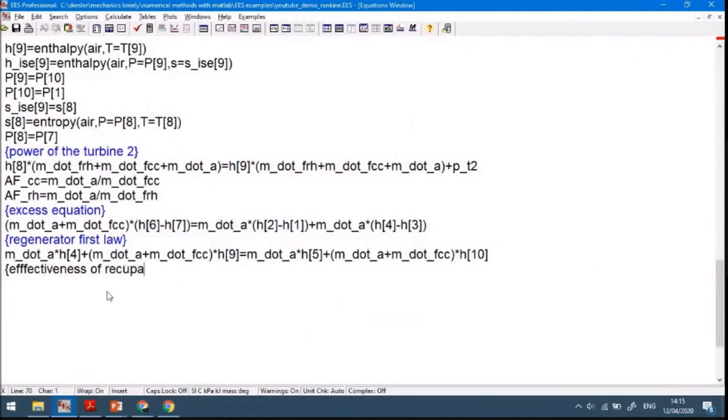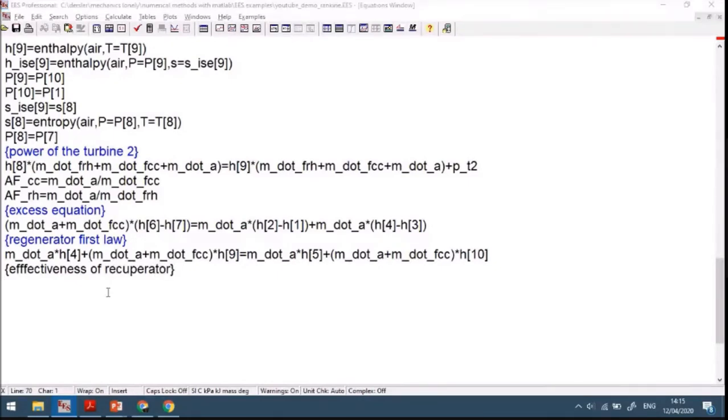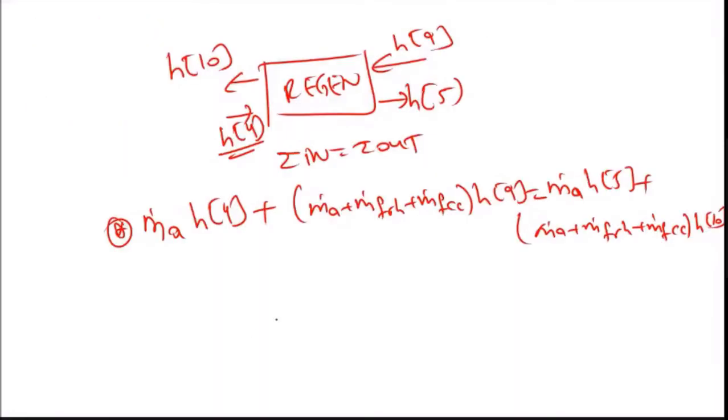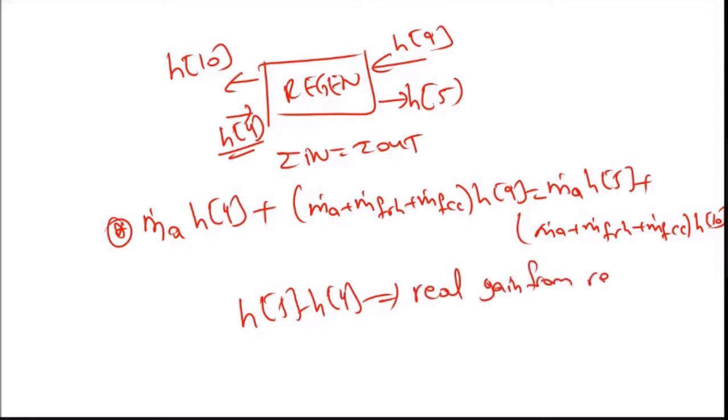Effectiveness of the recuperator means that, if you go back to the regenerator part, you will have H5 minus H4, that is what you gain from the regenerator. Let's draw in another chart here. So H5 minus H4 is the real gain from the regenerator or recuperator.